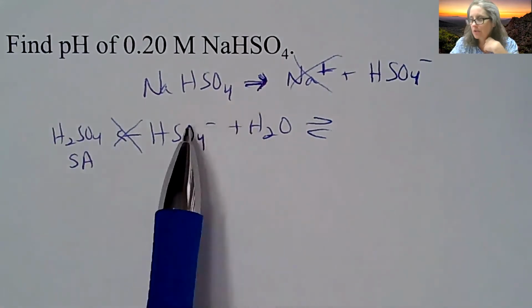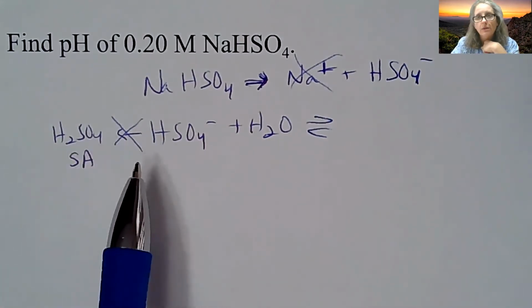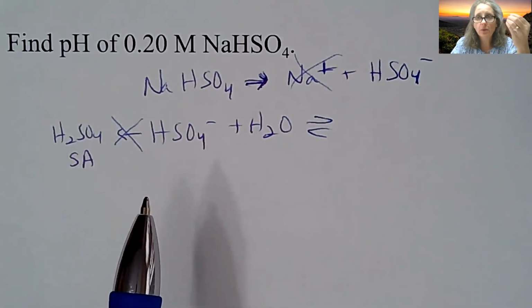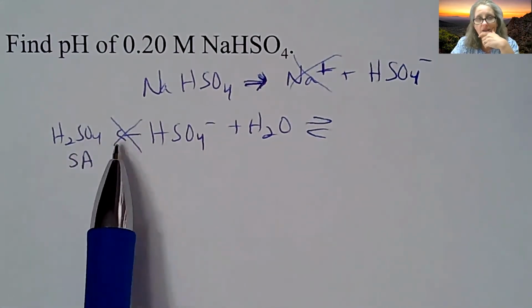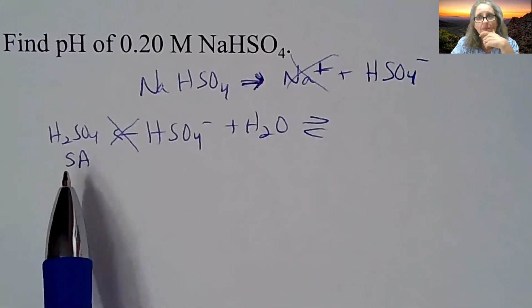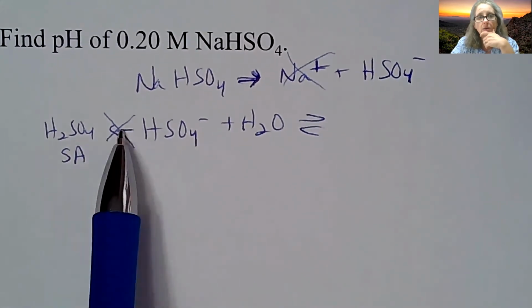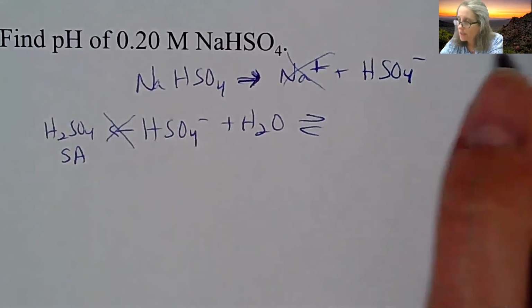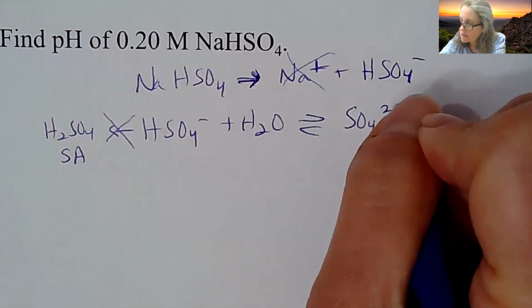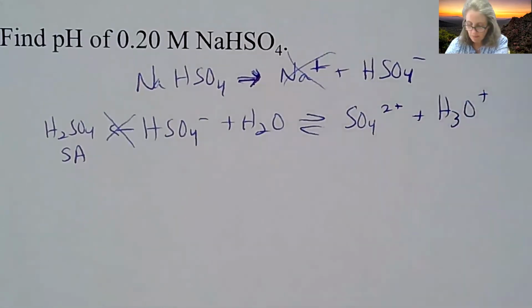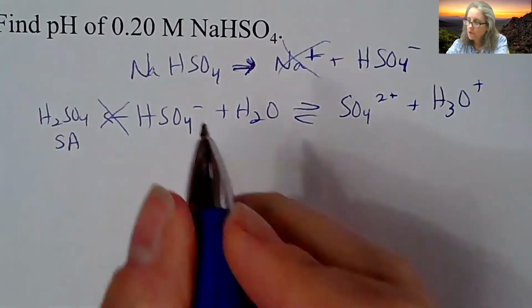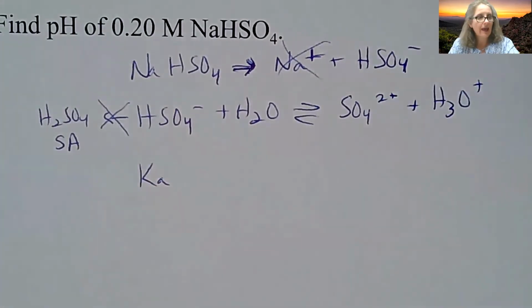Why I keep going over sulfuric acid is because it is so unusual. And when you run into it as a salt, you need to understand that it doesn't go back this way. It can't, because this is a strong acid, so it doesn't go this direction. So that means the only thing you could do is make the sulfate ion, and you end up with hydronium ion, okay? So this is looking at a Ka, okay?